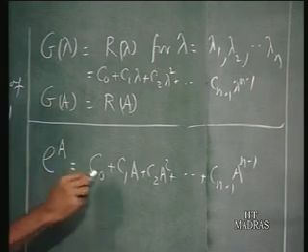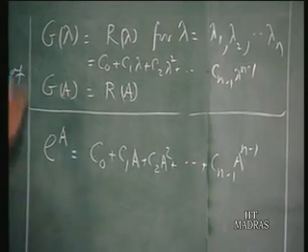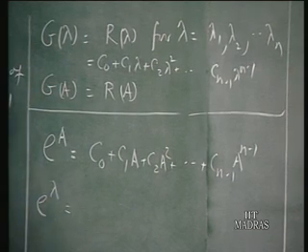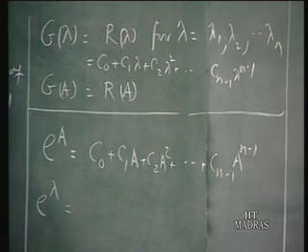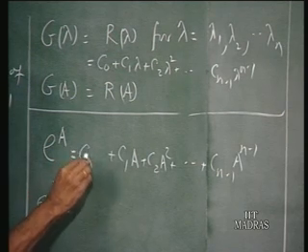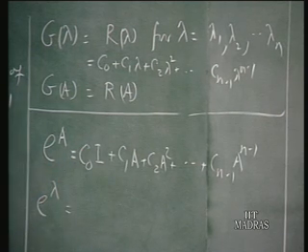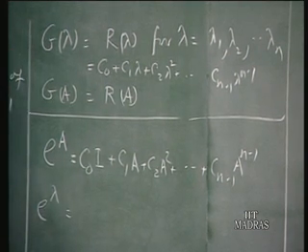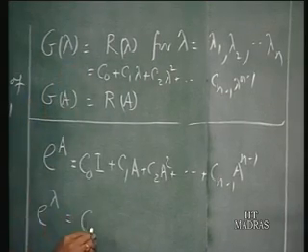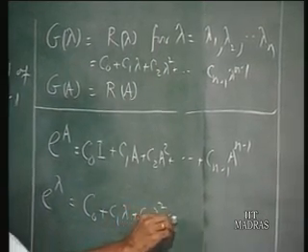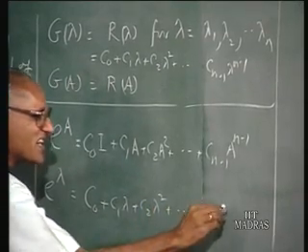Now how do we calculate C0, C1, C2, up to C(n minus 1)? We go back to this. I am sorry, here I must write, because this is a matrix, C0 times I. This is a constant, this is I, the unit matrix. So if you take e to the power of lambda corresponding to G(lambda), it is equal to C0 plus C1 lambda plus C2 lambda squared right up to C(n minus 1) lambda to the n minus 1.